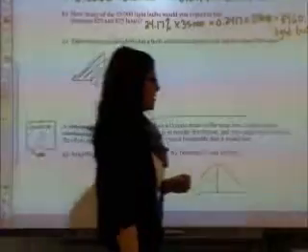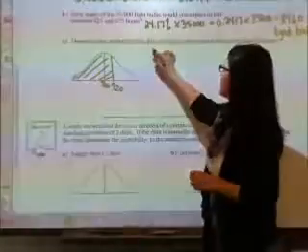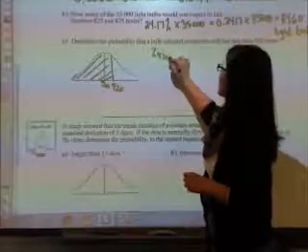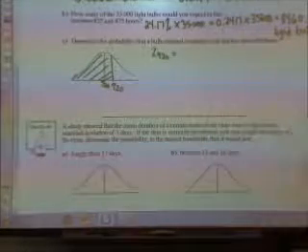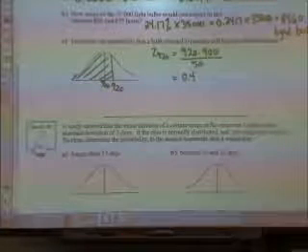What do I need to find out? I'm thinking z-score. So what is the z-score for 920? Figure that out for me. So if I calculate the z-score, 920 minus 900 divided by 50, I get 0.4.